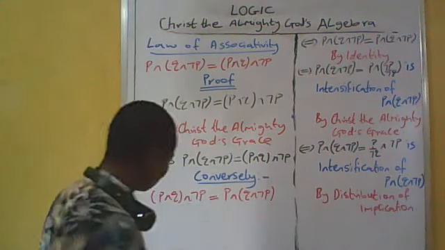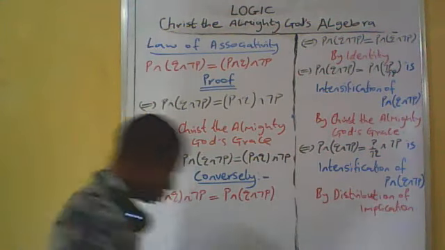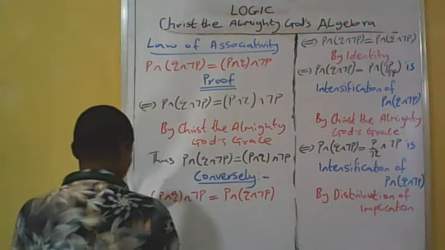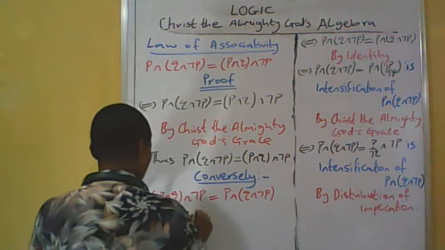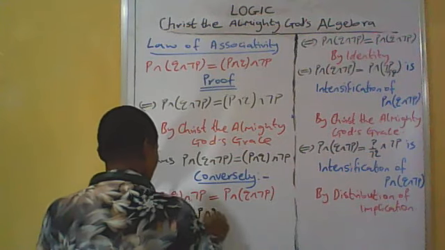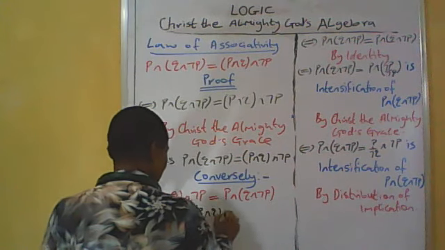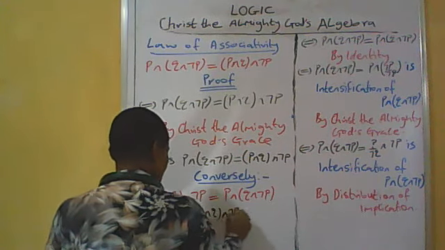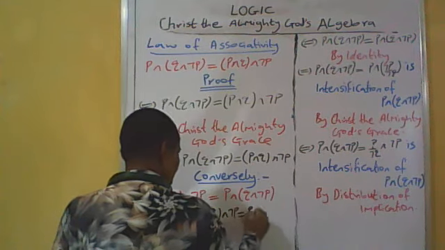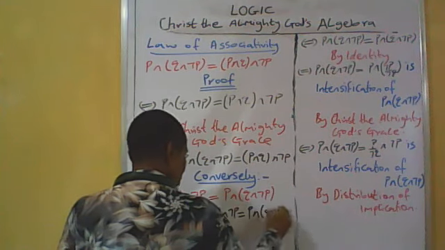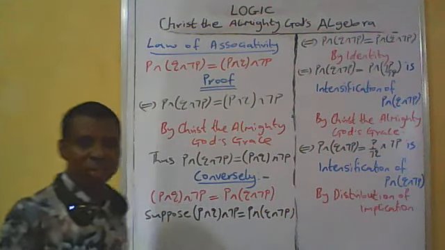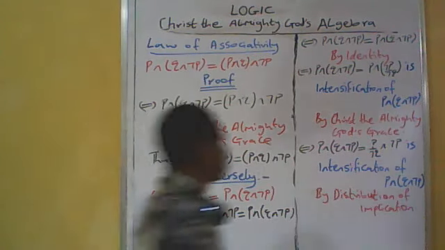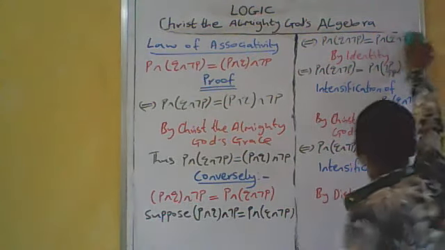We assume that it is truth. So suppose P and Q, all in bracket, and not P is equal to P and bracket Q and not P. We assume that statement is truth. We continue here.